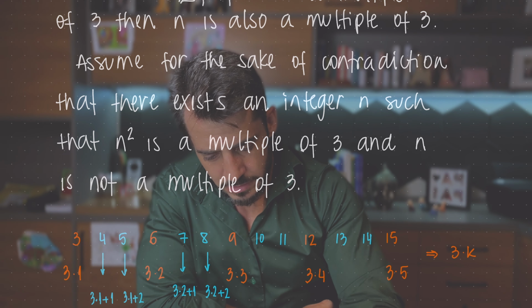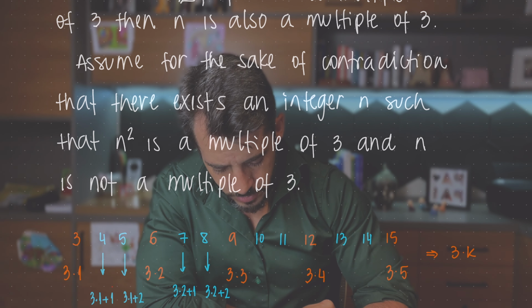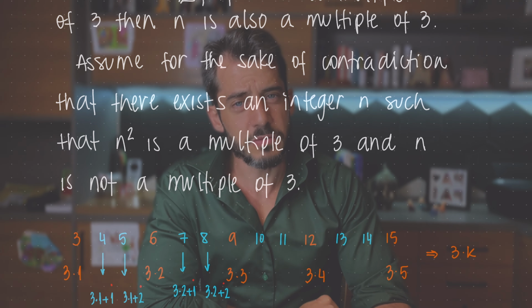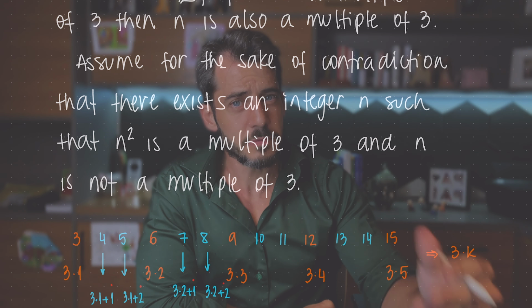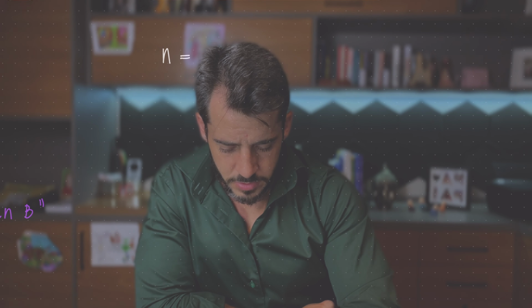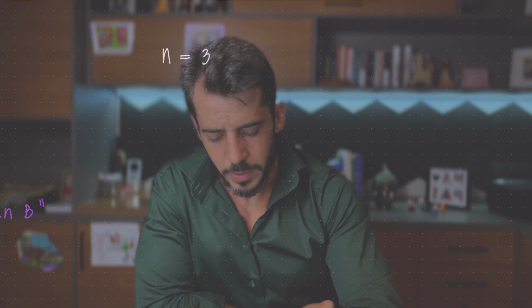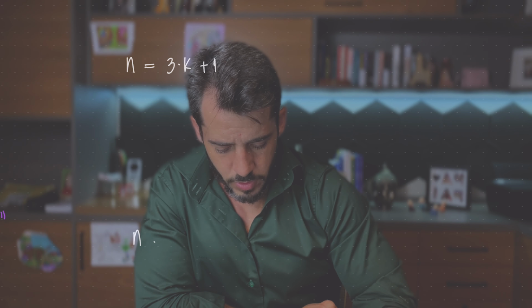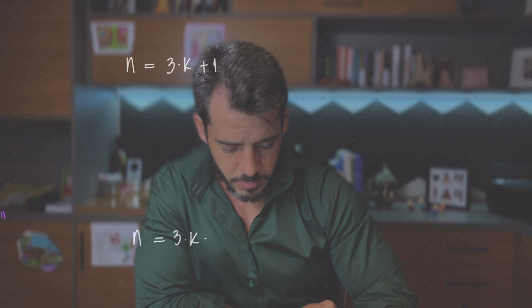So every time you get 1 or 2 as a remainder, that means the number is not divisible by 3. And that is why we can represent numbers which are not divisible by 3 as 3 times k plus 1 or 3 times k plus 2.